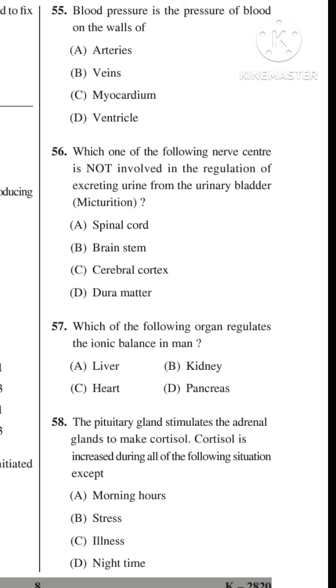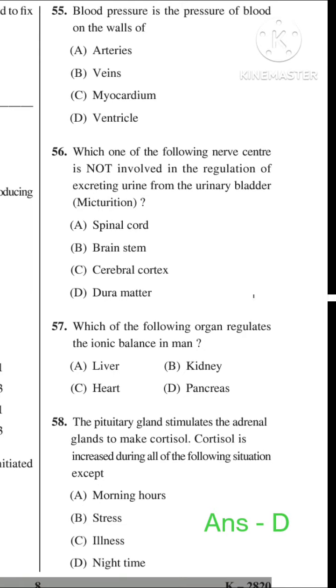So morning high level it will be, at the time of stress the cortisol is increased, at the time of illness or sick or weakness also it will be more, night time it is not considered. Therefore so option D is the right answer. So they are asking except, so we have to answer option which is not involved in that condition.